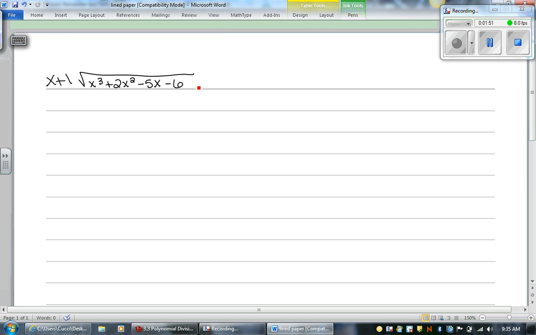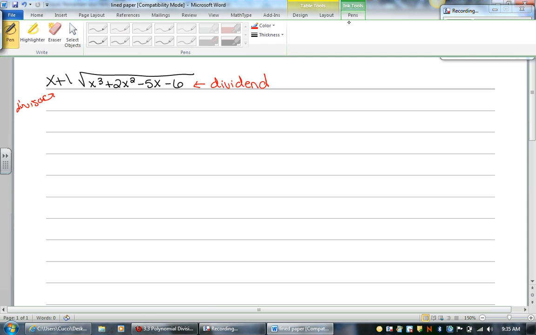This right here is our dividend, this is our divisor, and whatever goes up here is going to be our quotient. Okay, so let's give this a shot.